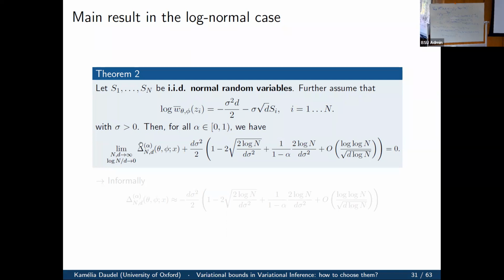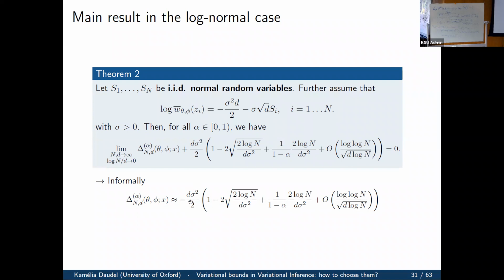And this asymptotic result tells us that if I take the limit when n and d go to infinity, under the condition I was telling you about, log n divided by d goes to 0, then this limit is going to be 0. Informally, what this says is that this variational gap is going to behave like minus d sigma squared divided by 2 times 1.